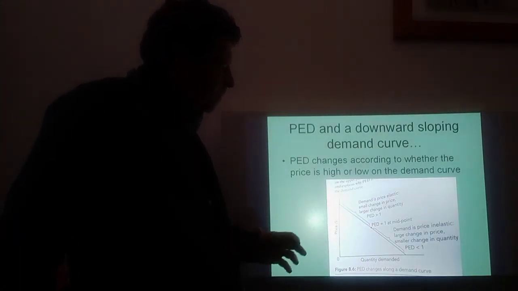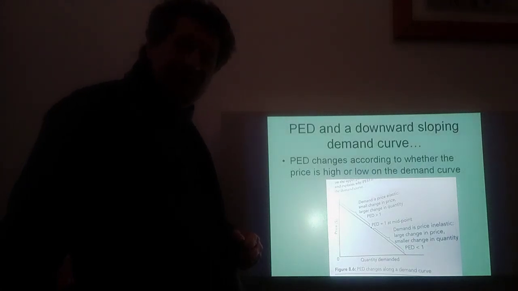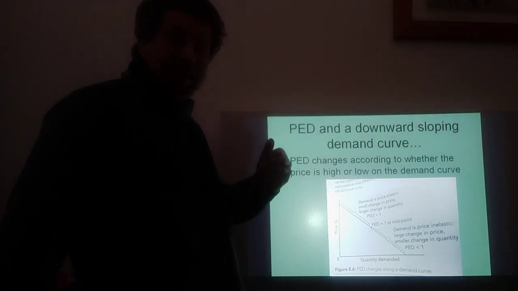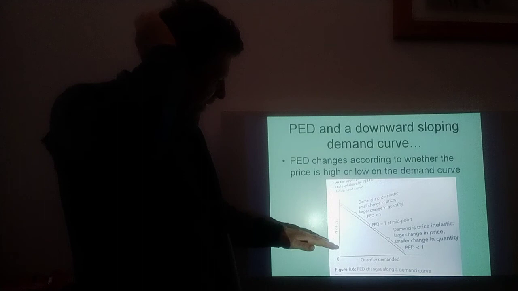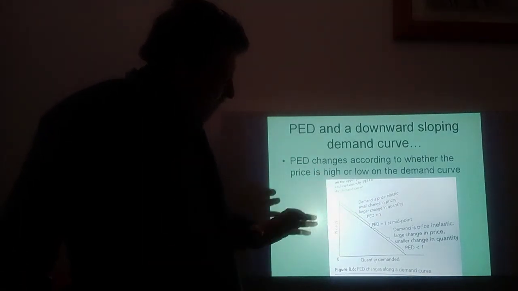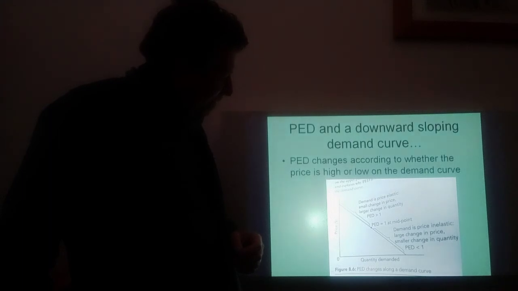So remember, they've got an inverted relationship. As the price goes up, demand goes down. So the higher the price, the smaller the percentage of an increase as you go up in a regular one. So that is a specific characteristic of the demand curve.